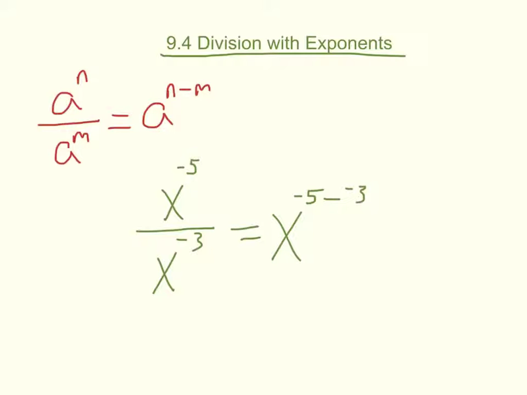In my classroom we don't usually do subtraction, we change it to addition. It goes same, change, change. This sign stays the same, change it to addition, change the sign of the next term. So it turns into negative 5 plus positive 3, which equals x to the negative 2. This is an okay answer, but I've got to get rid of that negative exponent.